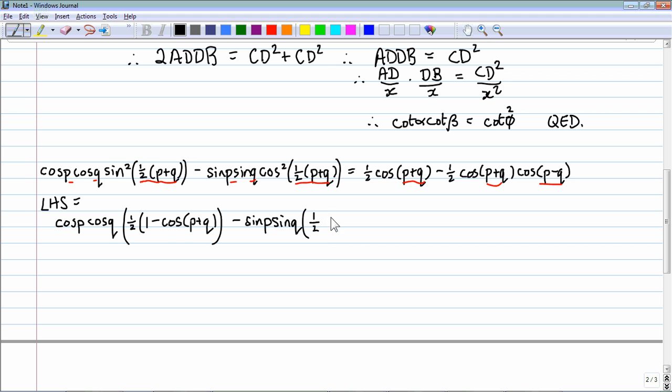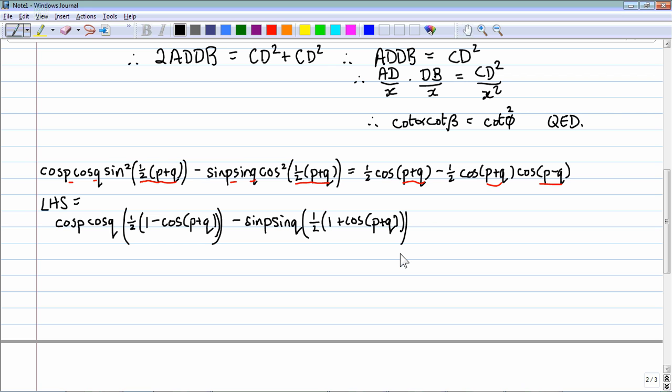Now I've also got 1/2 (1 plus cosine (p plus q)), because p plus q is twice half (p plus q). How many different brackets have I got here? 3 brackets.